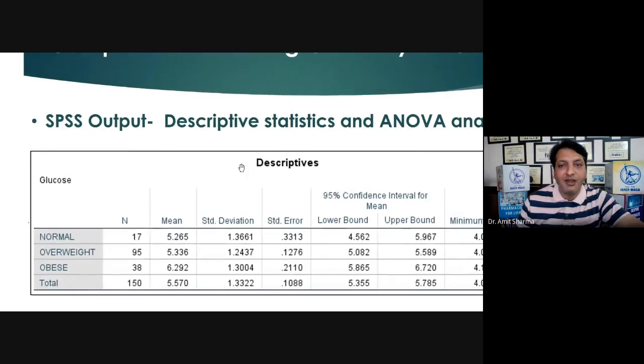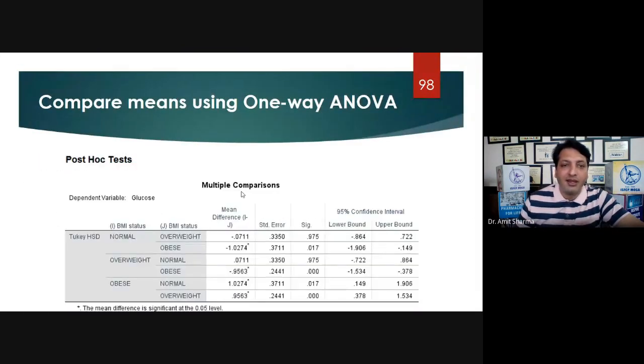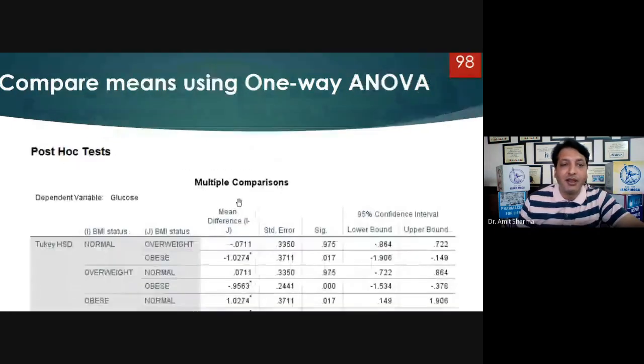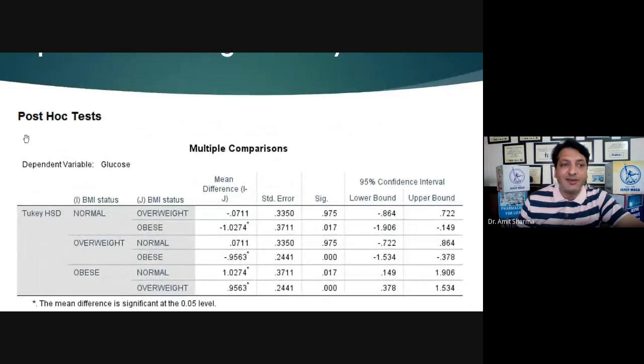So the first table will give you the descriptive statistics of the ANOVA, and the second table will be the multiple comparison table. In the multiple comparison table, it will be called the post hoc test. That means what does the post hoc test represent?